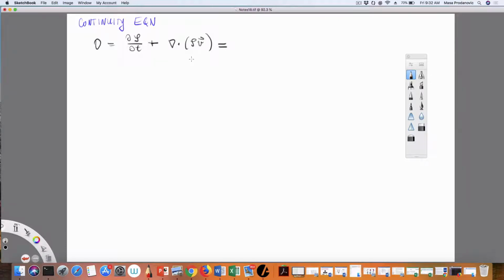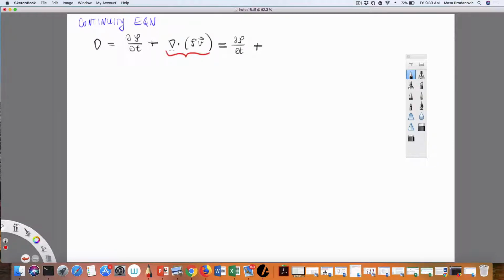Now I'm going to use, just like you have the derivative of two functions multiplied, a whole set of rules with divergence or gradient applied to a scalar times a vector or something of that sort. So I'm just going to state that rule, and you might get a homework to prove it. There is a rule that says this can be written as, so I'm basically breaking down this term.